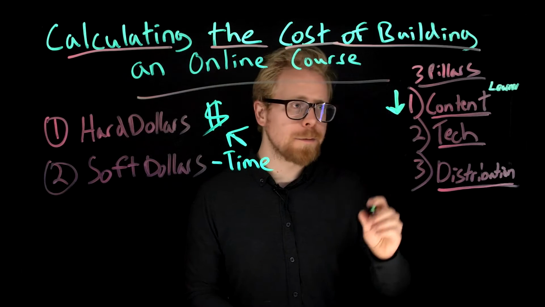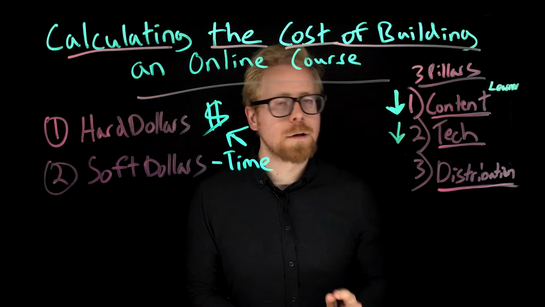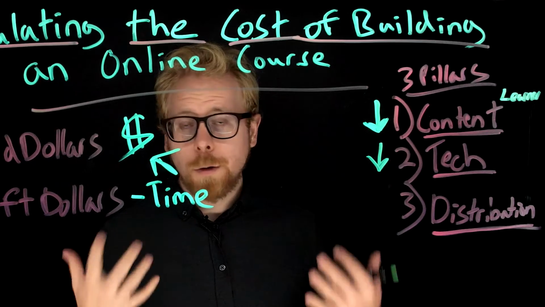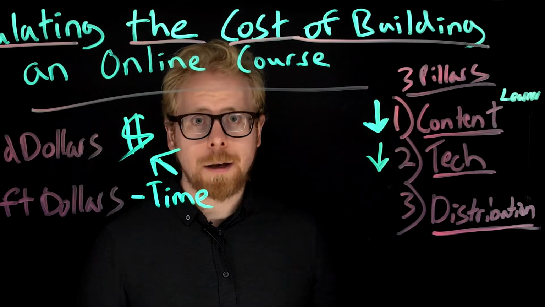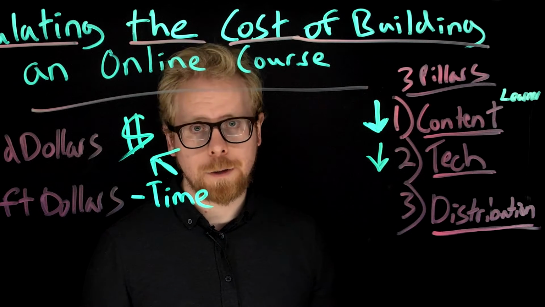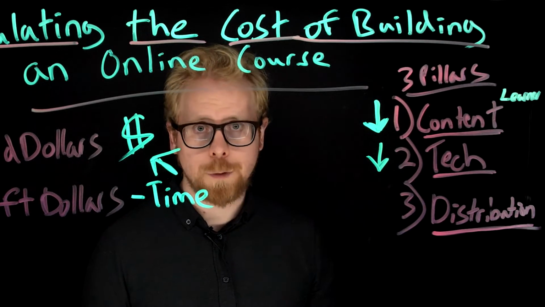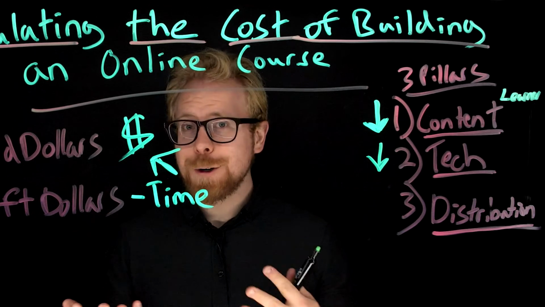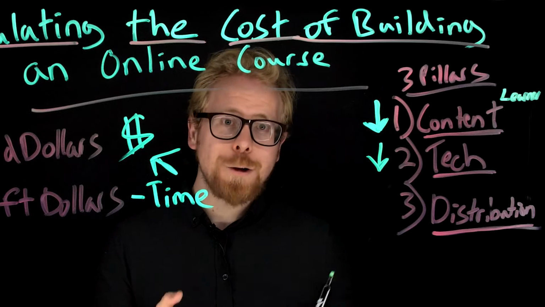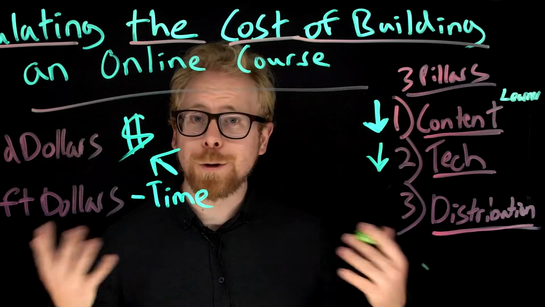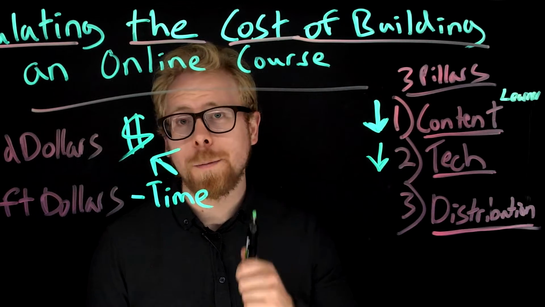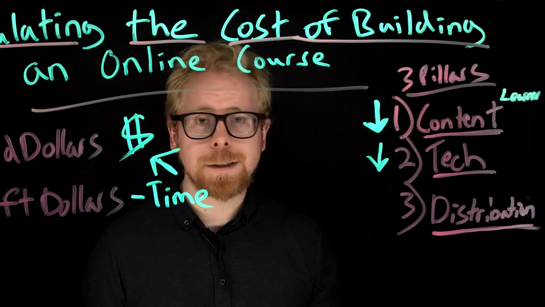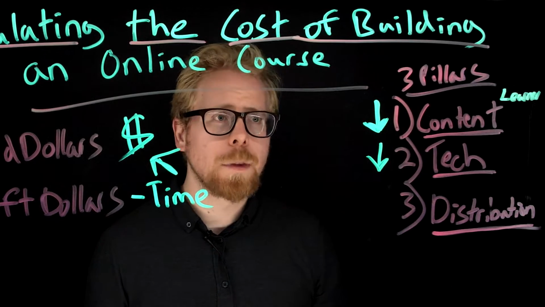The other place you can save money is on the tech. You also don't need to spend a lot of money on a high cost e-learning technology or e-learning platform. Why? Well, because you can actually use technology that you already have access to and your learners already have access to. If you want to learn more about that, check out our MasterClass in the link below. We talk about it.